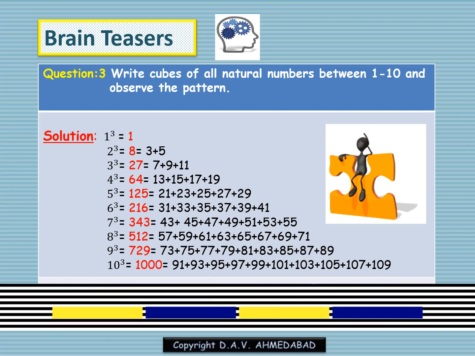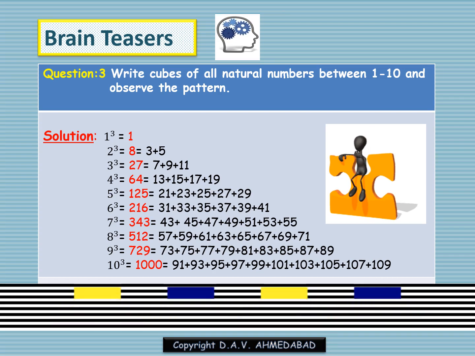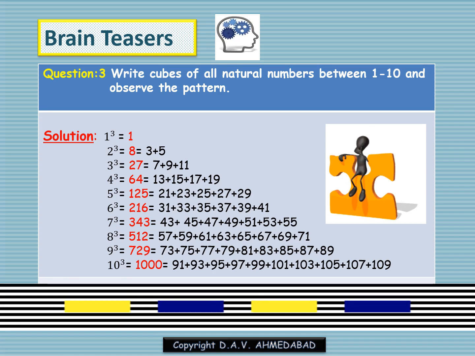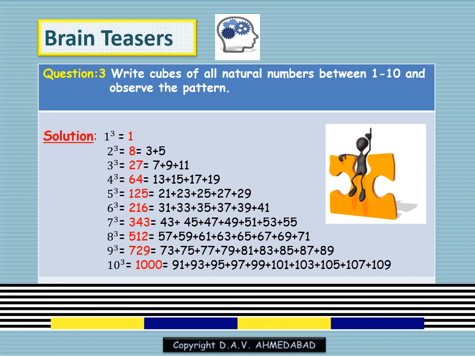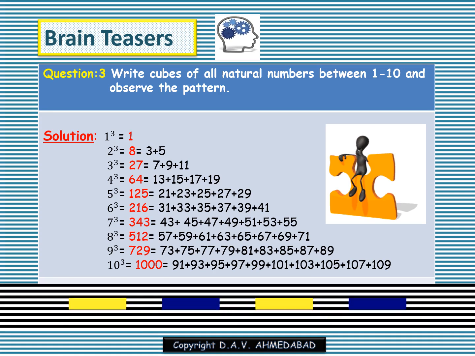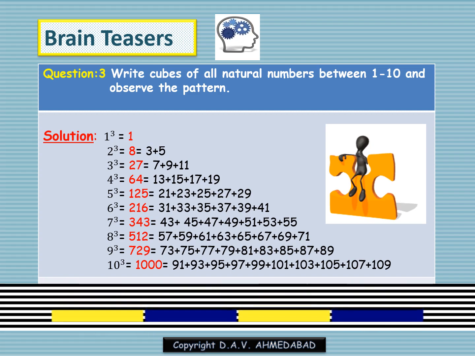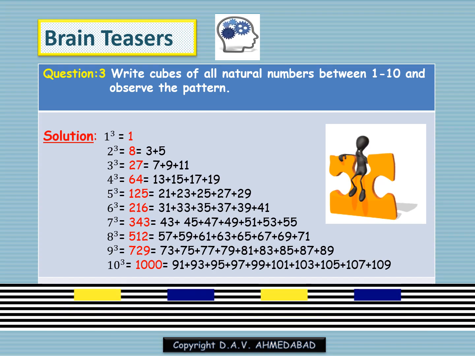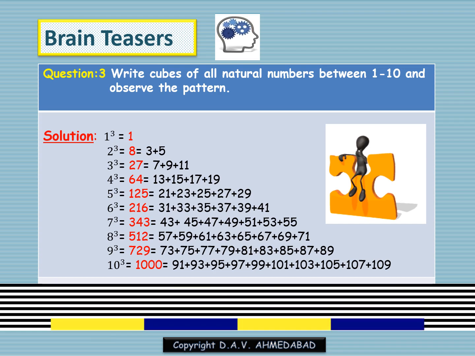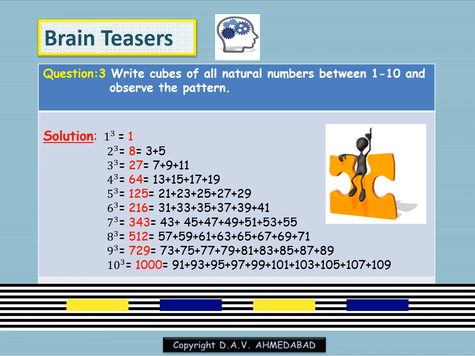Now 3 cube is 27 and 27 is sum of next three odd numbers, 7 plus 9 plus 11. So this way 4 cube is sum of next 4 odd numbers. 5 cube is sum of next 5 odd numbers and so on. I hope you enjoyed and understood, children.